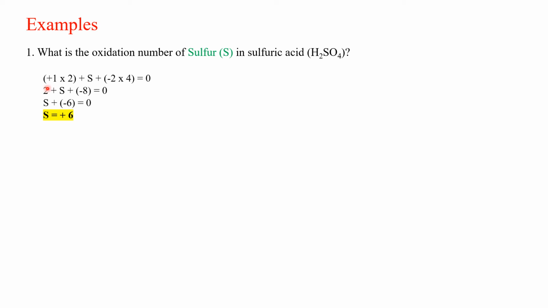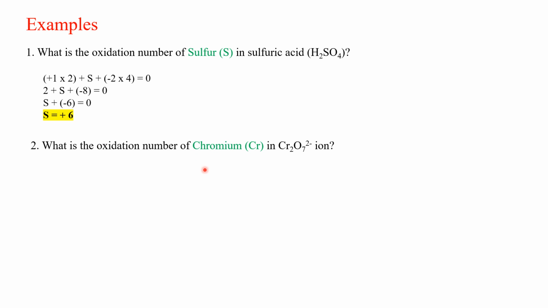So hydrogen is +1 times 2 hydrogen atoms, plus the sulfur oxidation number, which we are going to calculate, plus oxygen, which is -2 times 4 oxygen atoms, should be equal to the charge on the molecule. This is neutral, so we equate it to 0. After you solve that, you can find that the sulfur charge is +6.